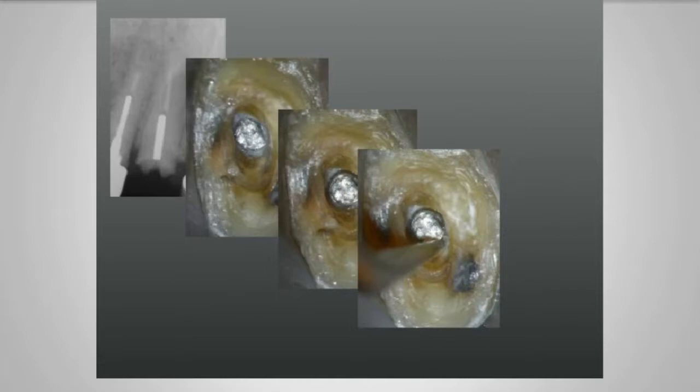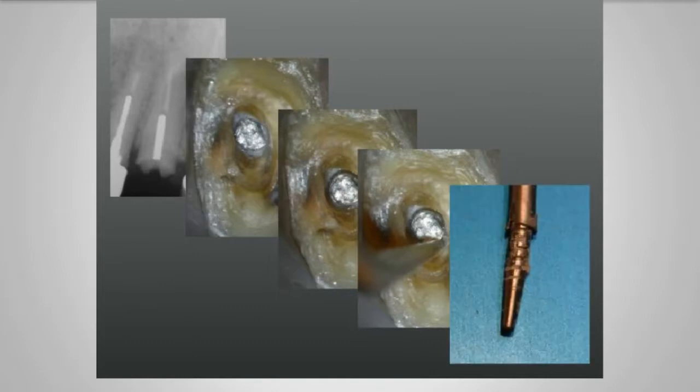Now sometimes the post will come out purely with the ultrasonic vibration, but sometimes you need to use the next Maceran trefine down to grip onto the piece of fractured post and then retrieve it. And this is a very predictable way of removing fractured posts from the root canal.